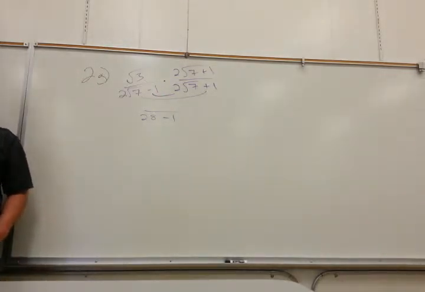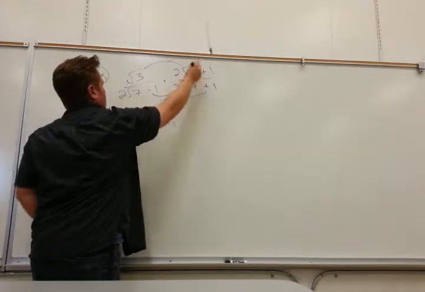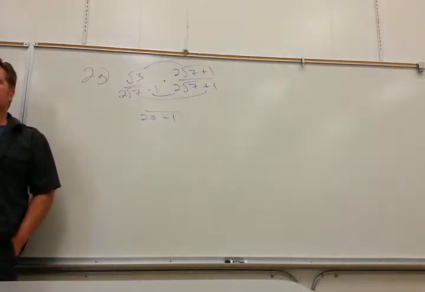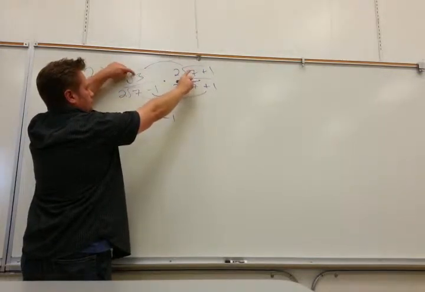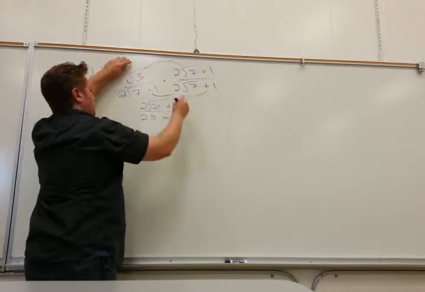We set it up so that they cancel. So those are gone. And on the top, you just got to distribute that bad boy there. And then you're done. Is that all right? No? So you get, what do you hear? Yeah, 2 root 21 plus root 3.